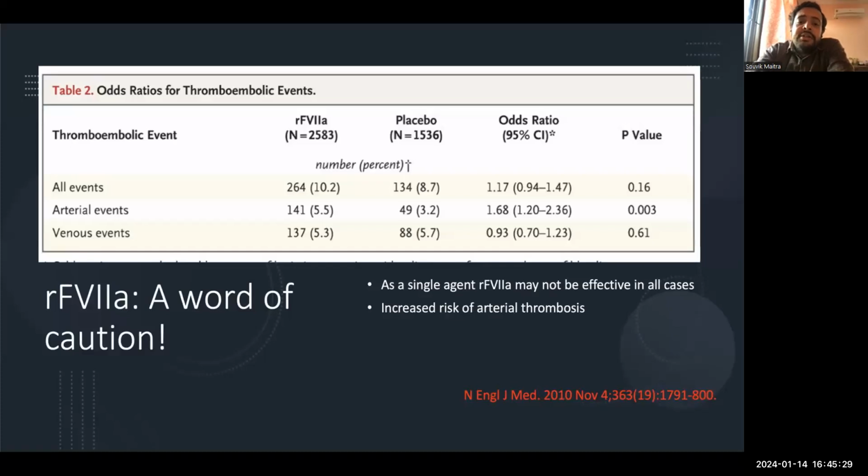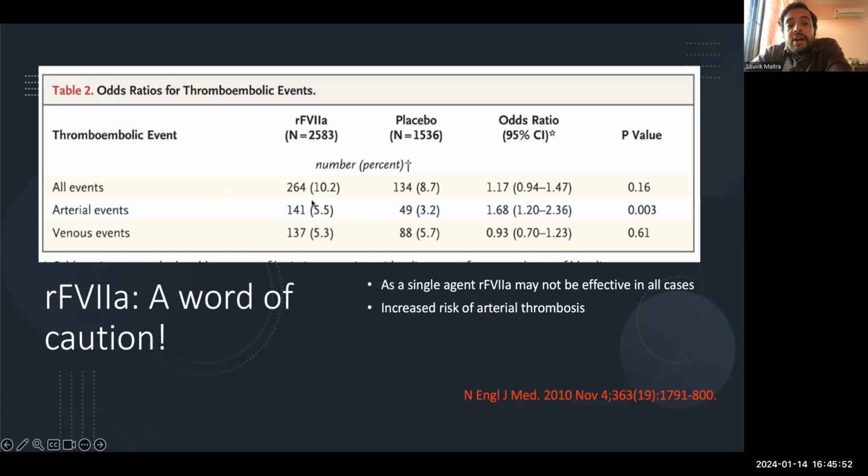Another important concern is a meta-analysis published in 2011 in NEJM, which showed that when recombinant factor 7A was used, there was a significant increase in the incidence of arterial thrombosis. Though the incidence of venous thrombosis was numerically higher, it didn't reach statistical significance.